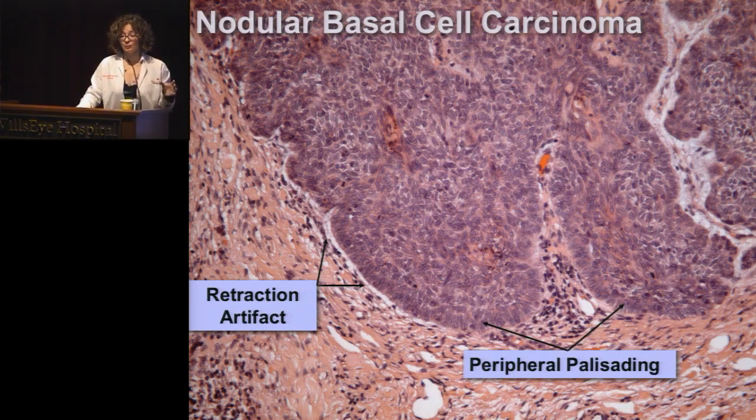So these are typical features of basal cell carcinoma with nodular growth pattern. Note that the nuclei of these cells are relatively bland. You don't really see significant pleomorphism. You don't see a lot of mitosis. You don't see prominent nucleoli. That is very important when you try to distinguish blue tumors from each other. So this is the look of basal cell carcinoma as compared to what you're going to see in sebaceous carcinoma, for example, or melanoma, okay?